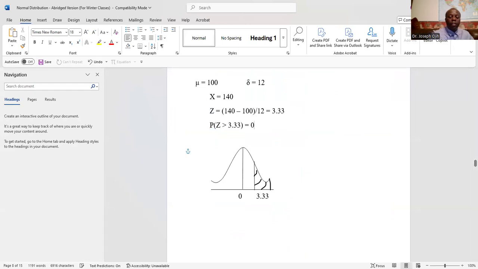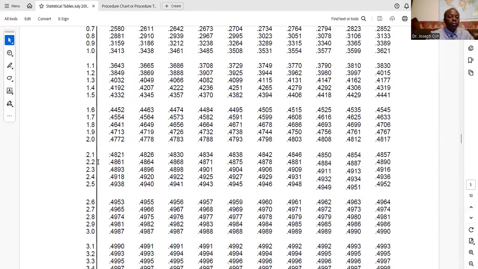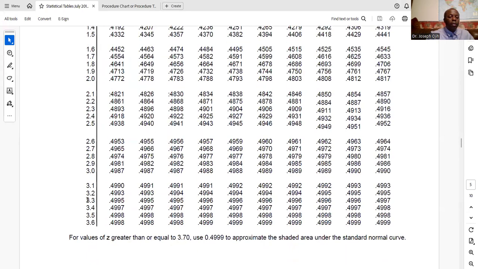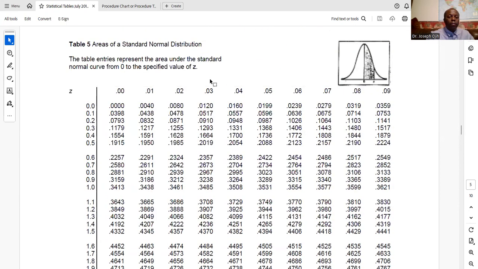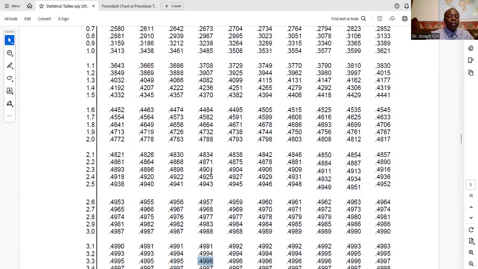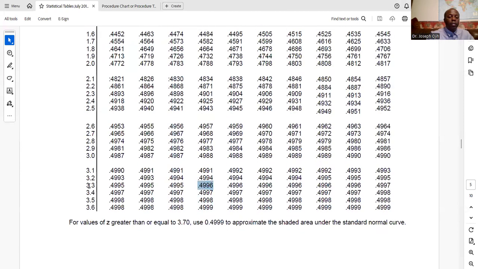So I'm going to put 0.5 minus the area for 3.33. You look at 3.3 under 3, and it is 3.33.